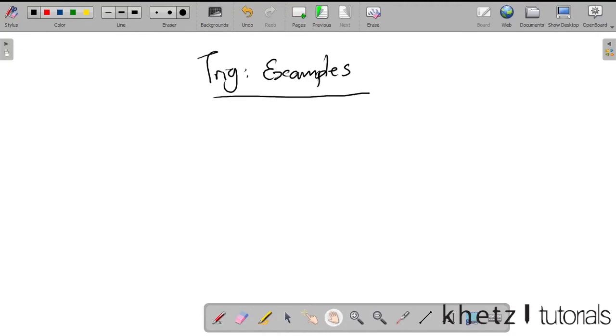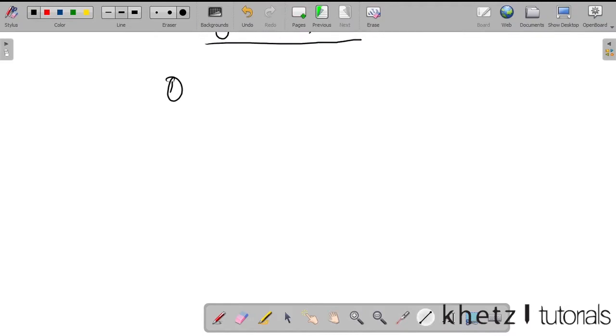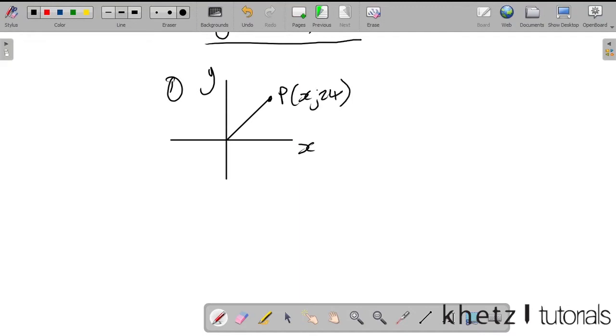To start with, I have a diagram, so let's just call this question 1. It looks something like this. These are the axes that we have, X and Y. Then you have a line from the origin to a point, let's call it P, with coordinates x, 24.